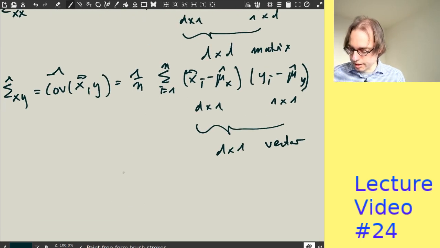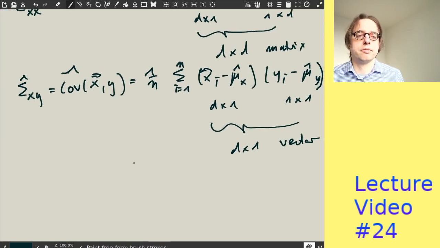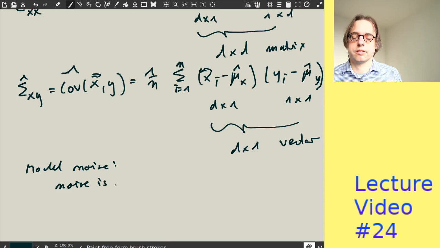So far we have made assumptions about x and y, and now we also need a model for the noise, and the assumption was the noise is independent of x.